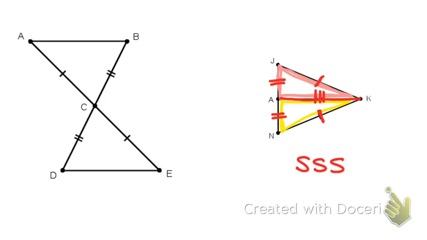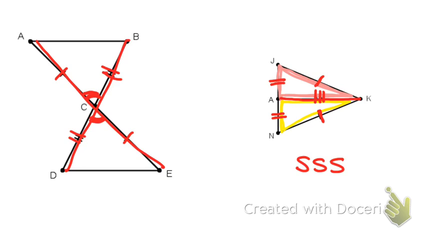The one on the left is a little different. They're just showing us two things. They're showing us these sides are congruent and these sides are congruent. Nothing else. So for this one, we have to remember vertical angles. Remember vertical angles? Those are angles that are formed by the same two lines, and they're diagonal from each other.